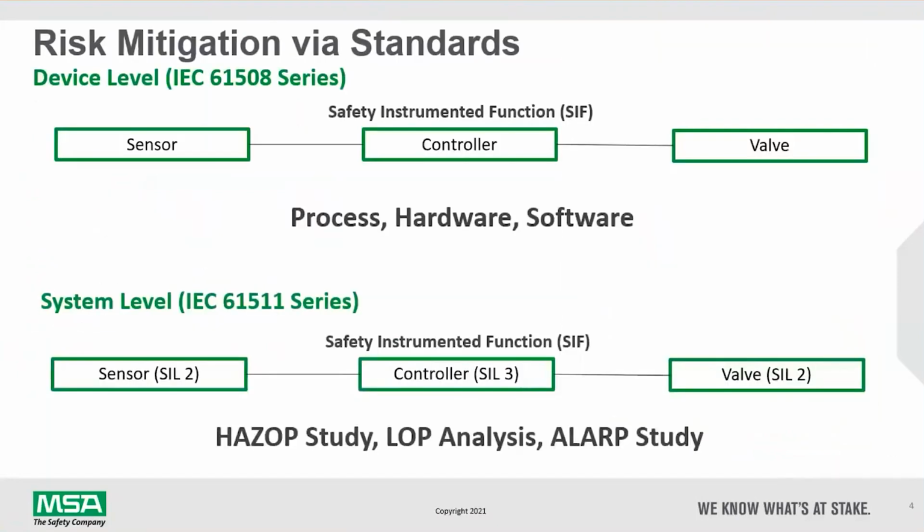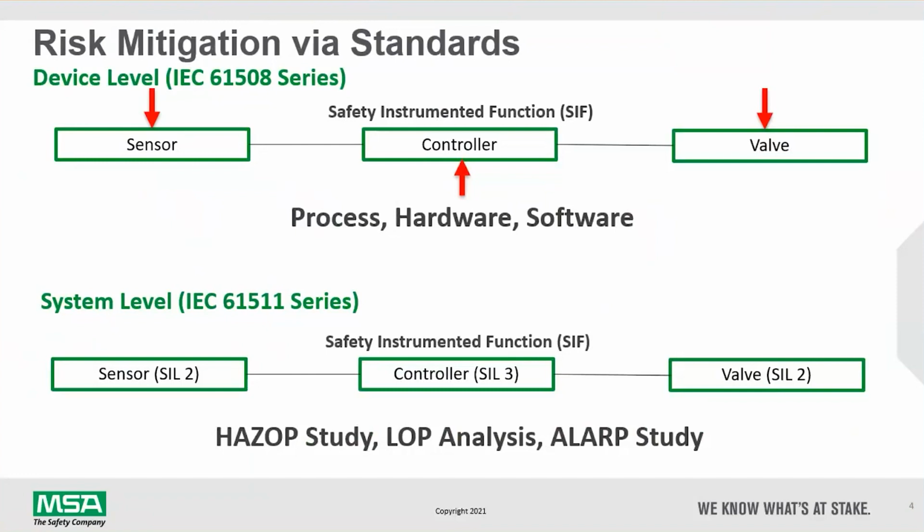Now, in regards to risk mitigation and standards, there are two standards that we're going to cover in this presentation. One is the IEC 61508, which is a device level standard. And the way that this standard is structured is that for each instrument of the safety instrumented function, the development process, the hardware, and the software of each device are assessed.